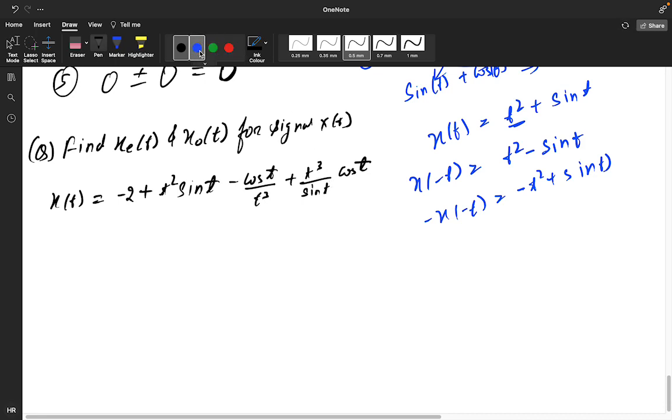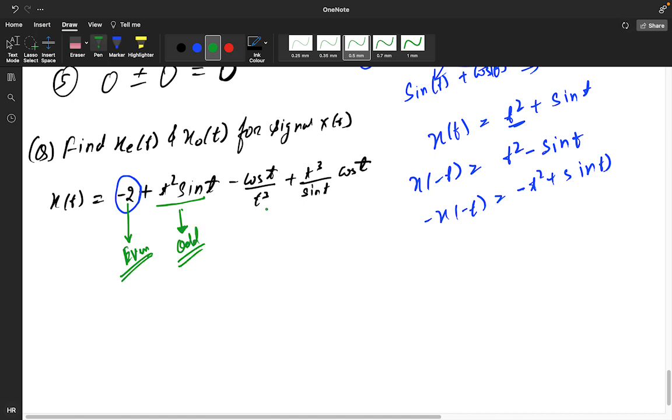Is this an even signal or odd signal? Minus 2 is a DC value, a constant value, which means even. T square sin t: even into odd is odd.